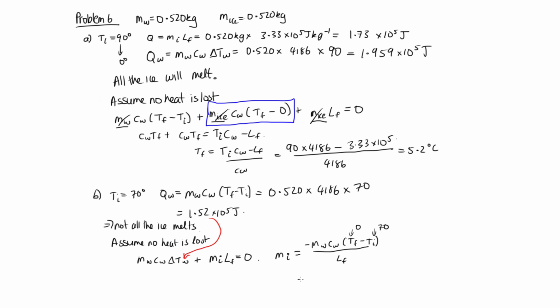So then we substitute in: we've got 0.520 times 4,186 times 70 over 3.33 times 10 to the 5. And when we solve that, we end up with 0.458 kilograms, and that's how much melts.